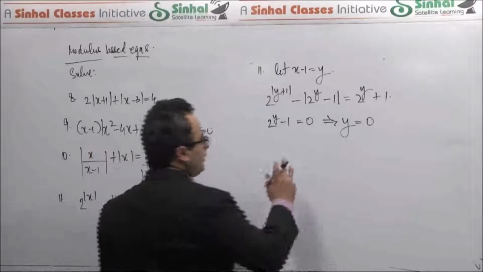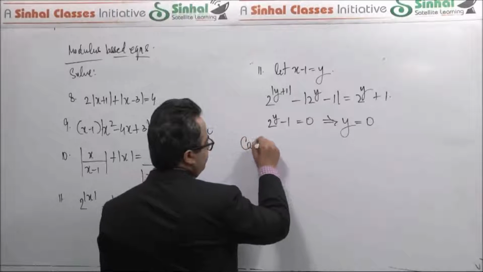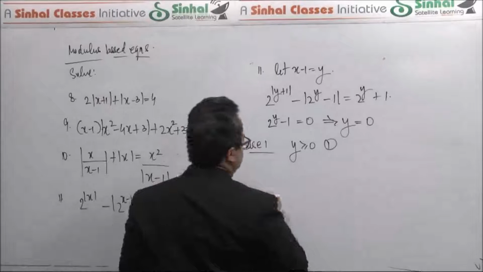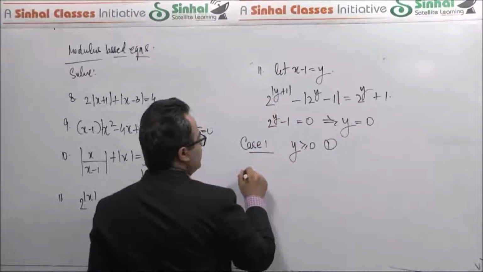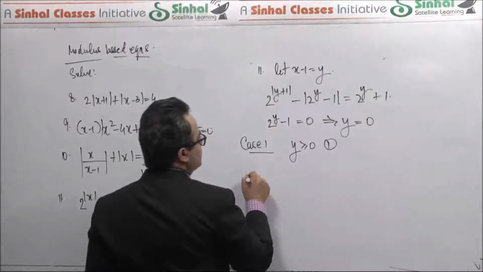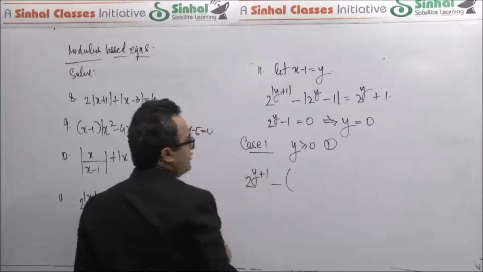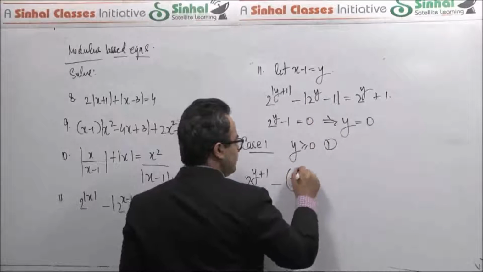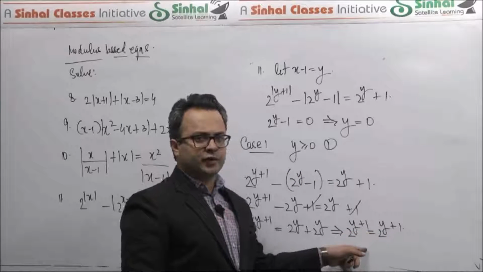So again, we'll take three cases over here, right? If y is greater than or equal to 0, mod of y plus 1 will obviously be y plus 1, and y plus 1 will be greater than or equal to 0. So if y is greater than or equal to 0, then this entire term is greater than or equal to 0. So again, you get a statement which is true for all values of y.